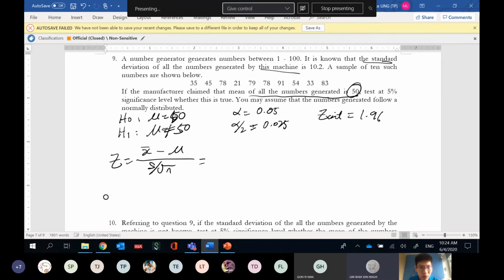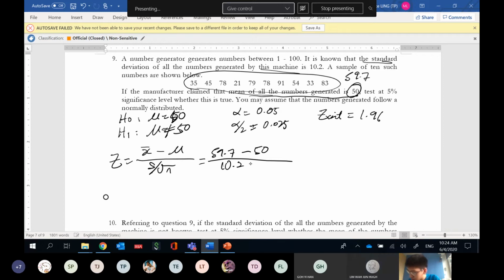Let's see, what is the average that you get from these numbers? I got 59.7. Okay, so 59.7 minus 50. Then the standard deviation is 10.2.